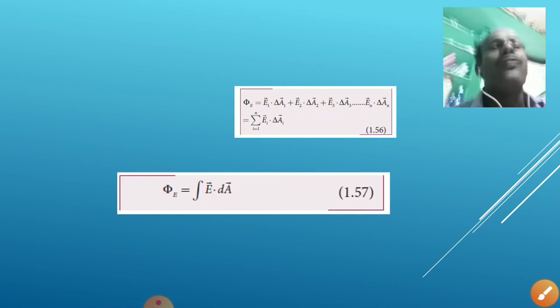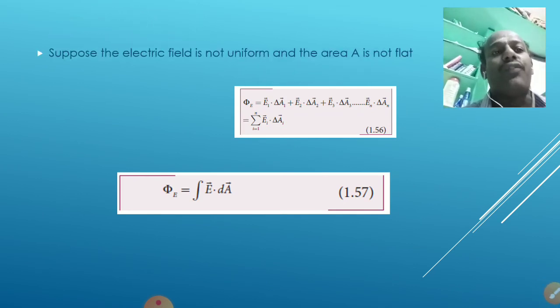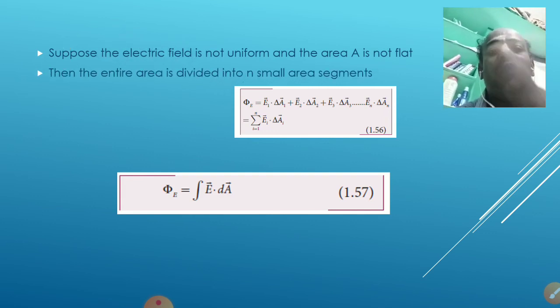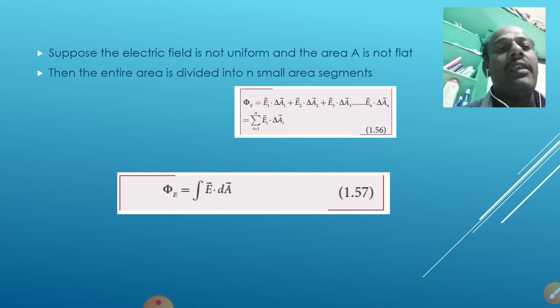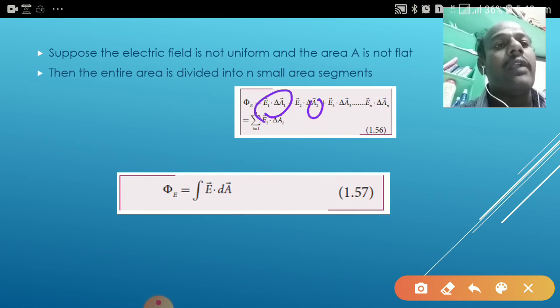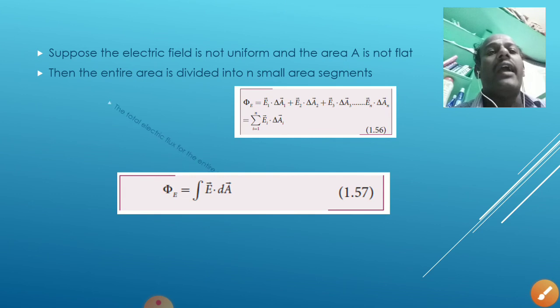So we can have a formula. Suppose the electric field is not uniform and the area A is not flat. What I have to do is divide the entire area into small parts, that is, dA1, dA2, dA3, and so on. Finally I have to add everything.